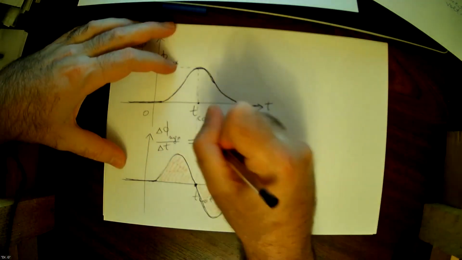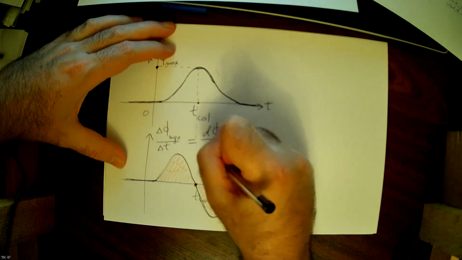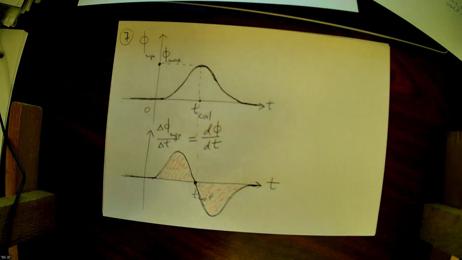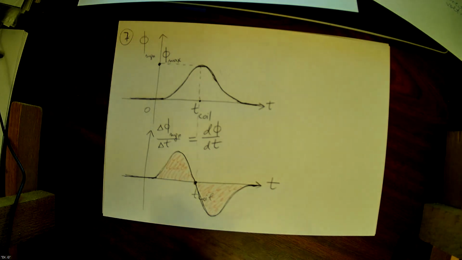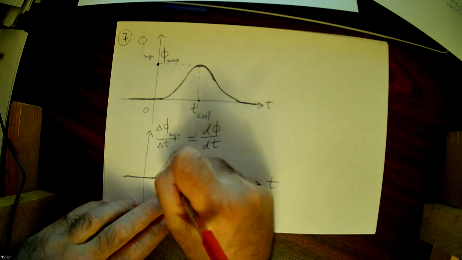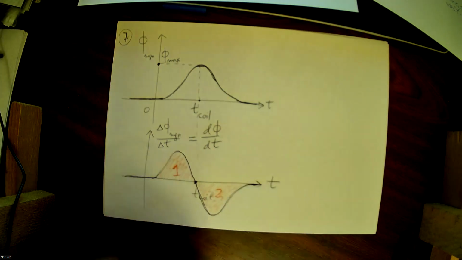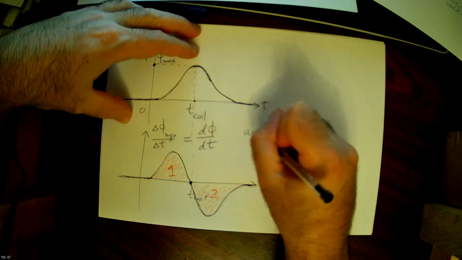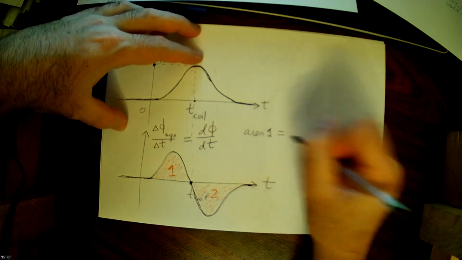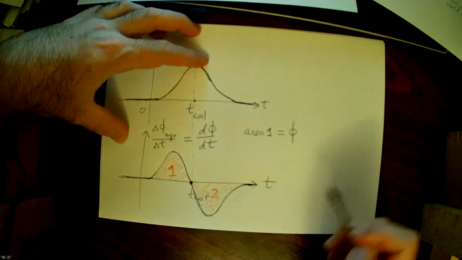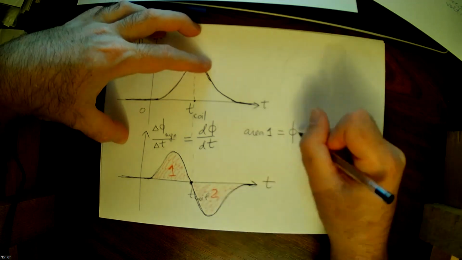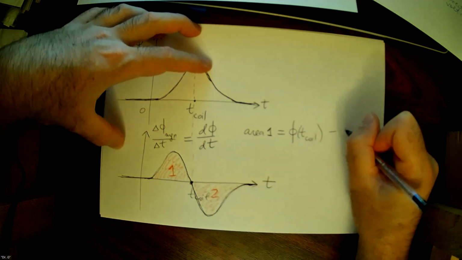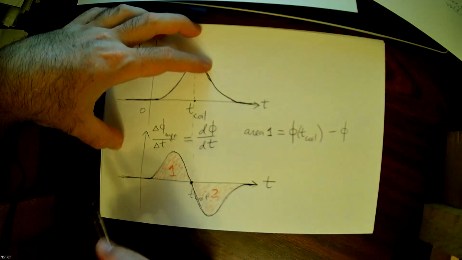Okay, and the reasoning is because here we have a derivative, d phi over dt, and according to Newton's theorem, area 1 is the magnetic flux here minus the magnetic flux here at negative infinity.